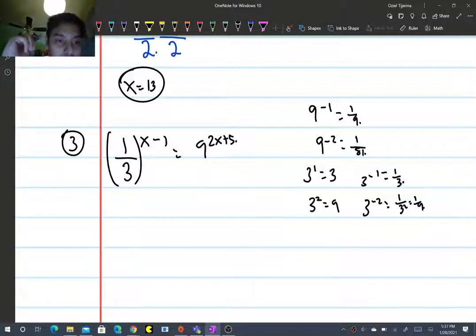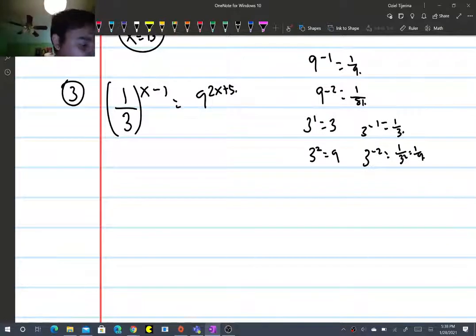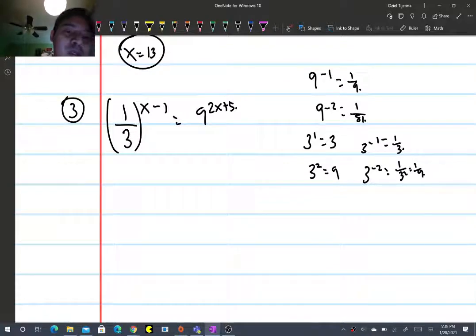So basically, if I look at this, I can turn 1/3 into 3 to the negative 1, okay?